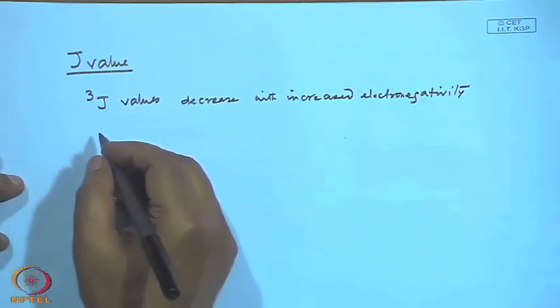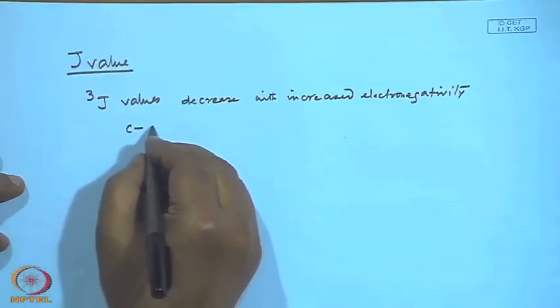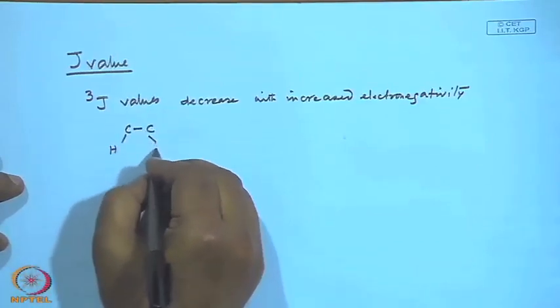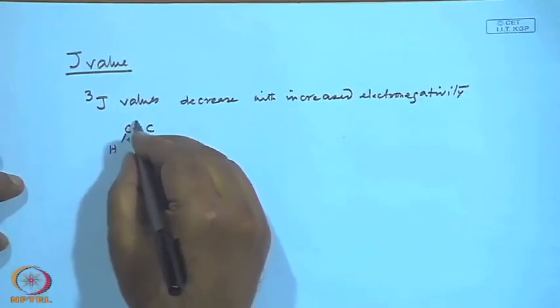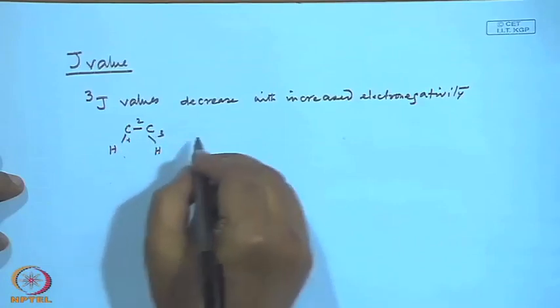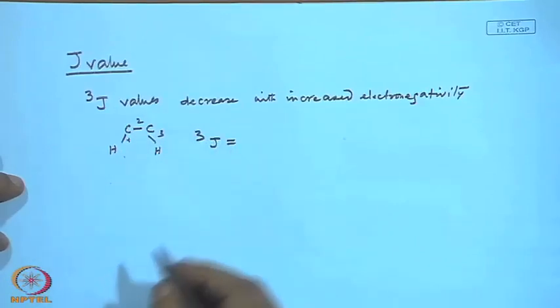Okay. What does it mean? It means that if you have a coupling constant, let us say, all of us know these two hydrogens, 1, 2, 3. The coupling between these is known as 3J. What is the standard value for aliphatic compounds?